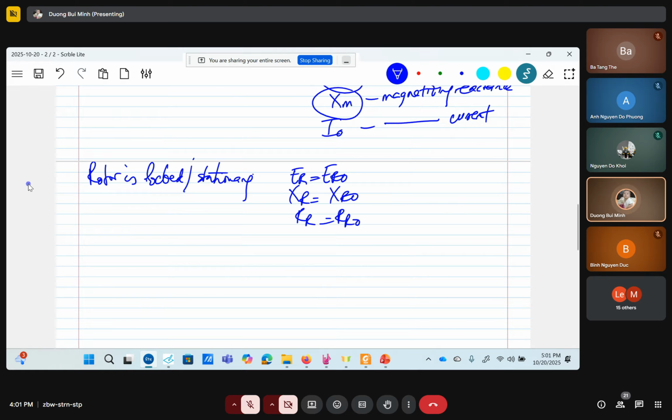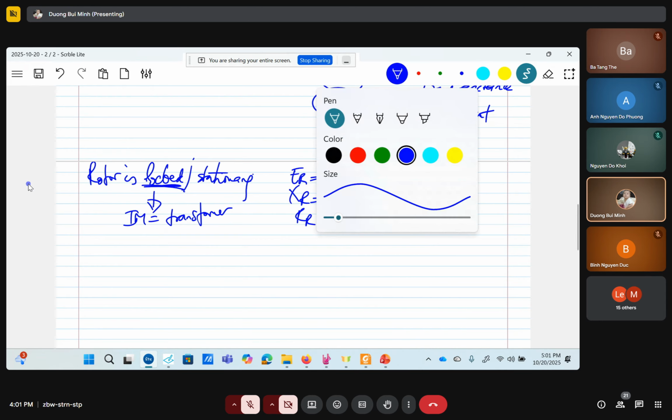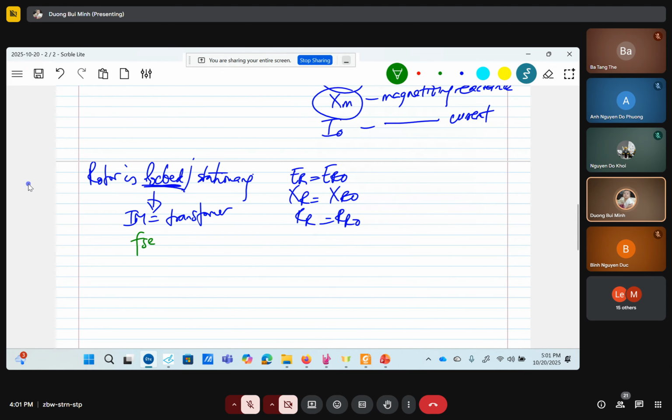So now, a summary. If the rotor is locked or stationary, we get ER0, XR0, and RR0. Because the rotor is locked, this is like a transformer. So we have FSE equal to FRE, because this is a transformer.